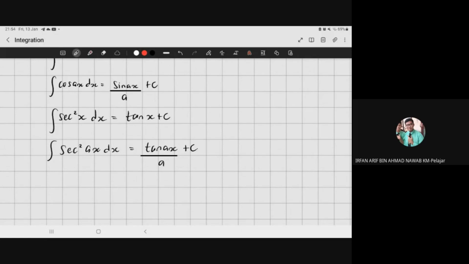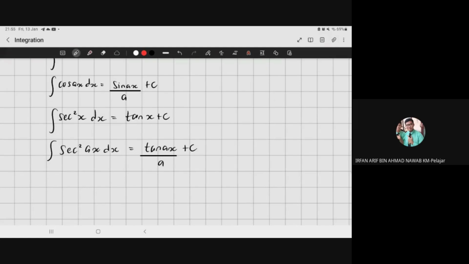Here they use the antiderivative to prove why it creates this kind of integral. Sorry, integral. Integration is a process.